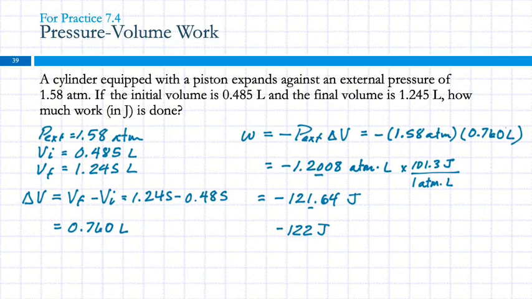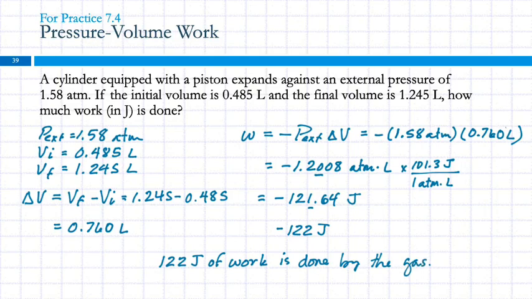No, because spent tells you. So work being done, it's probably going to ask for just 122. So 122 joules of work is done by the gas. You can be really specific if you want to. I don't want to be misunderstood.